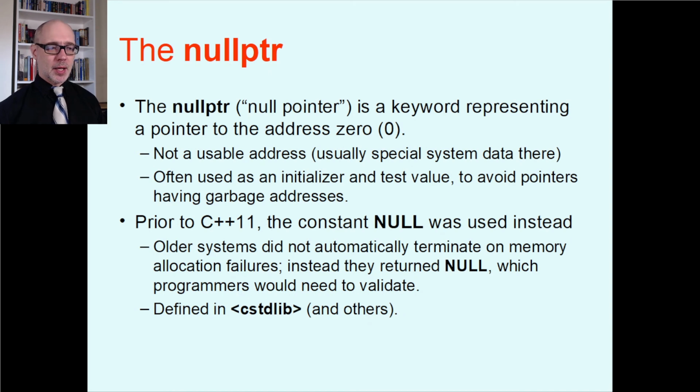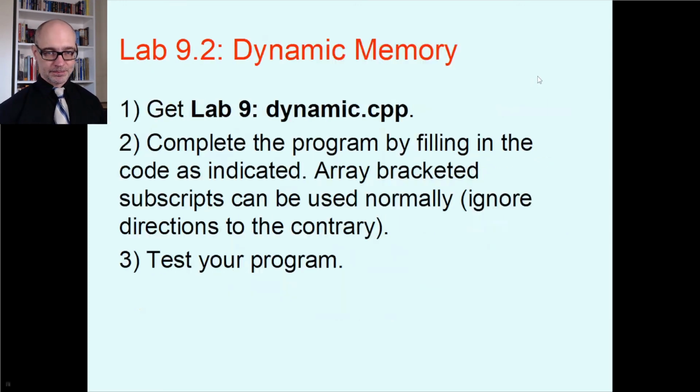So it does make sense that C++ has been improved to automatically make an exception and kill a program if there isn't enough memory, and to have this nullptr keyword available to make sure we never use garbage pointers. Now, if you are working in older code and you work with NULL, that's defined in the C standard library, and that's included in some other library files, and that is where that would be available.